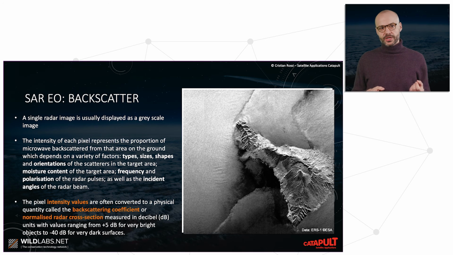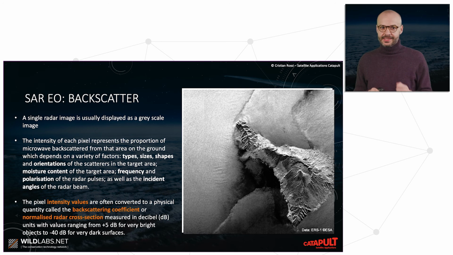The main information coming out from SAR remote sensing is called backscatter. This is different from the radiance and the reflectance that we described before, and it comes from this concept of energy transmission and reception. A single radar image is usually displayed like this, in gray scale.